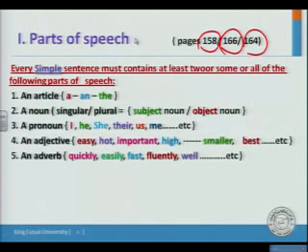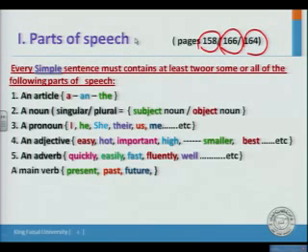Number 6. A main verb in a sentence. We said that at least we have a helping verb, we have verb to be, or we might have a helping verb and verb to be, and we might have just only main verb, فعل رئيسي.